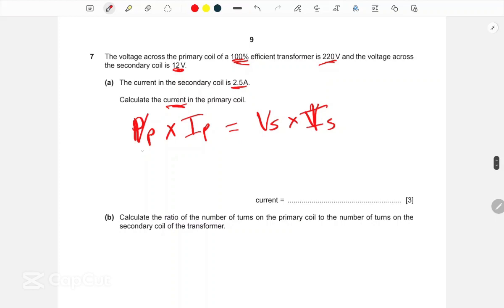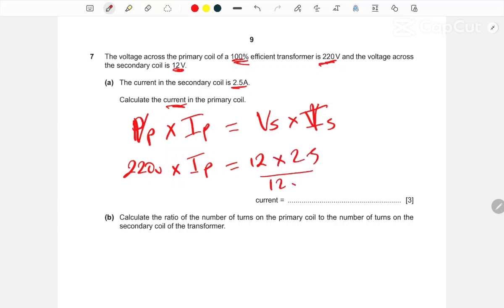So the primary voltage is going to be 220 volts. We don't know the primary current, so we just write it as I. And then the secondary voltage is going to be 12, and the secondary current is going to be 2.5. So we divide both sides by 12 times 2.5. Oh, I made a mistake here.